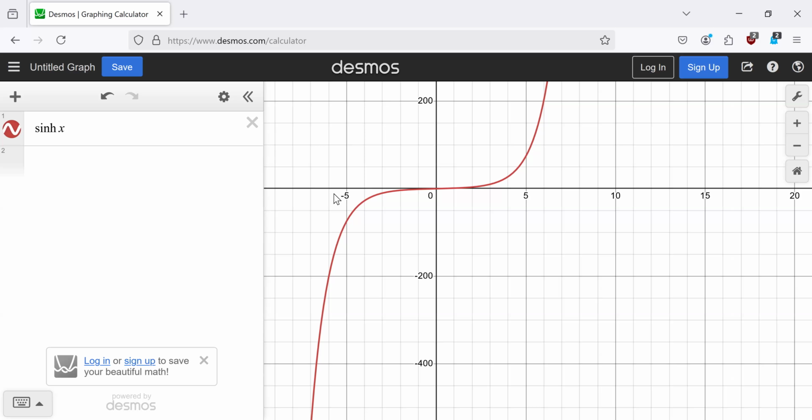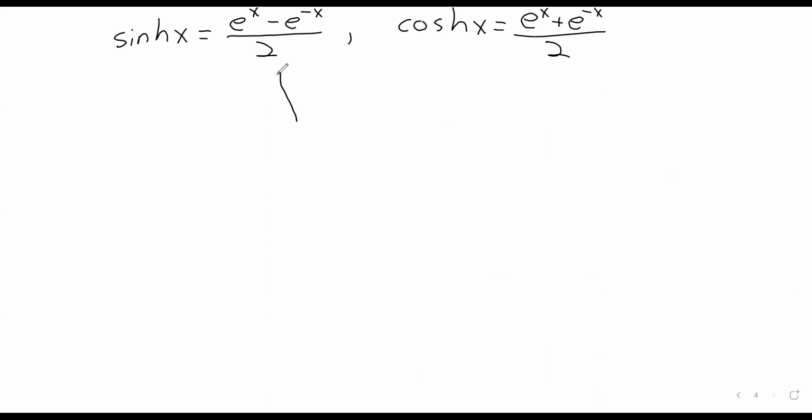This very swift growth comes from the fact that it's defined, or can be shown to be equivalent to, an exponential. You see this exponential here, and as x gets big, e to the negative x goes very quickly to 0.